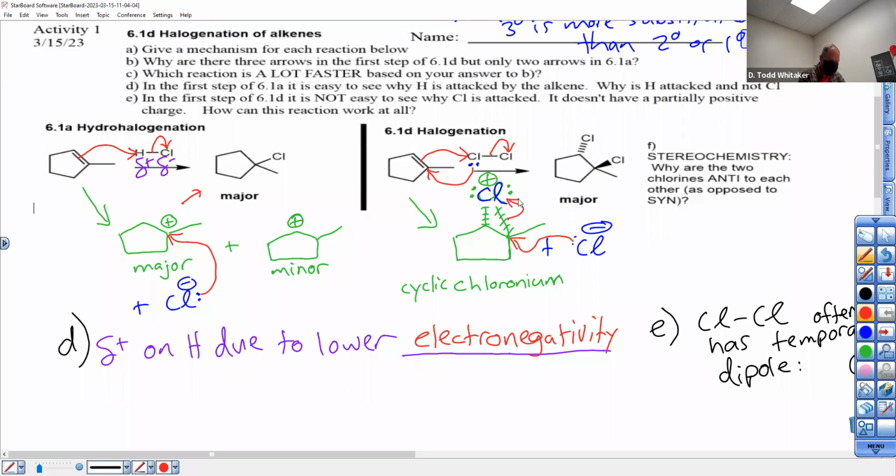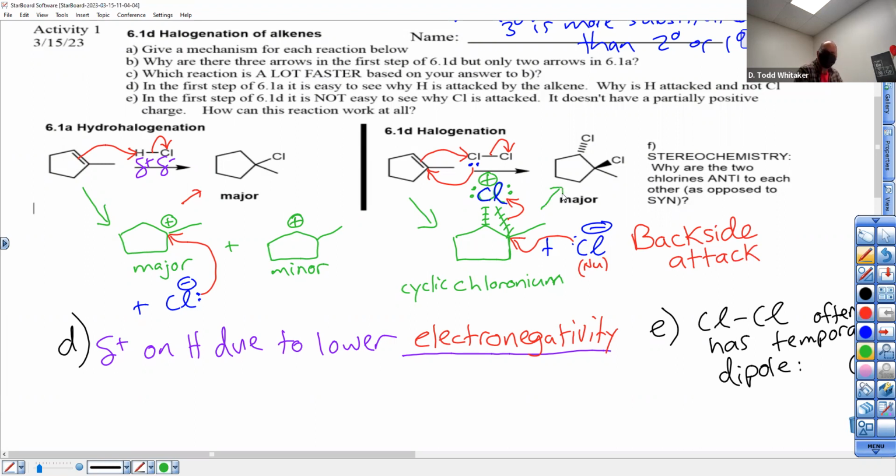Bond is breaking and becoming a lone pair. This is called backside attack. It's a new thing. Never seen it before. It's attacked by a nucleophile on the backside of what? Look at the product.